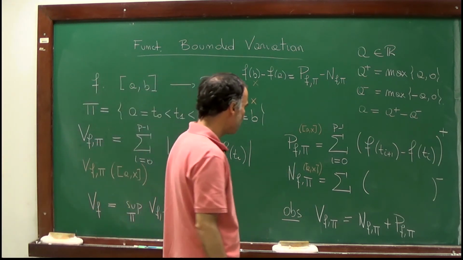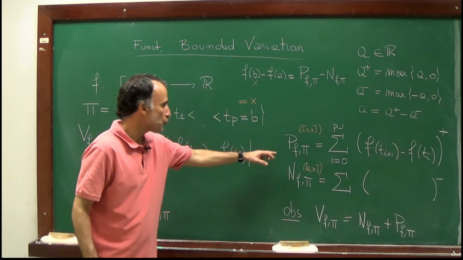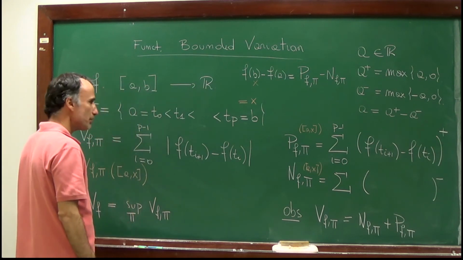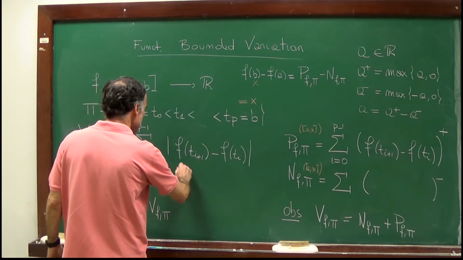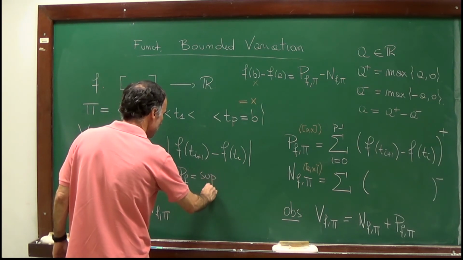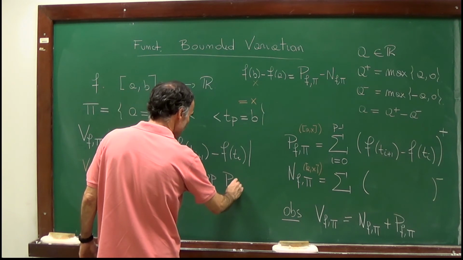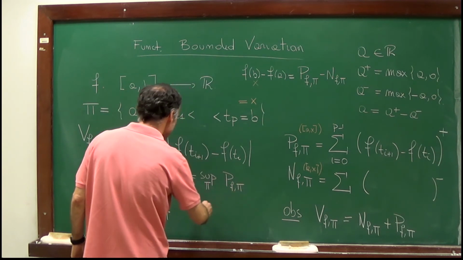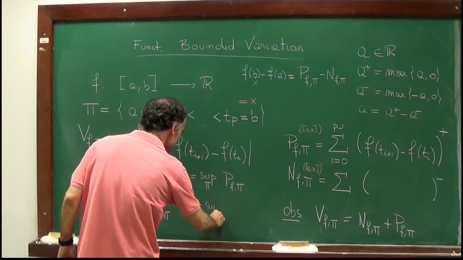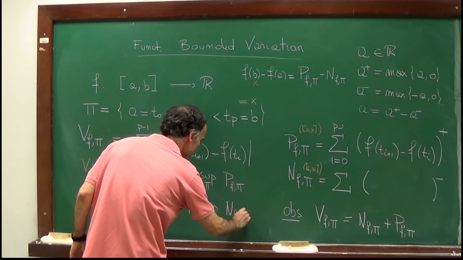And in the same way, I can define the total positive variation and the total negative variation just by taking the supremums. So let me define Pf as the supremum over all partitions pi of Pf pi, and Nf equal supremum over all partitions pi of Nf pi.